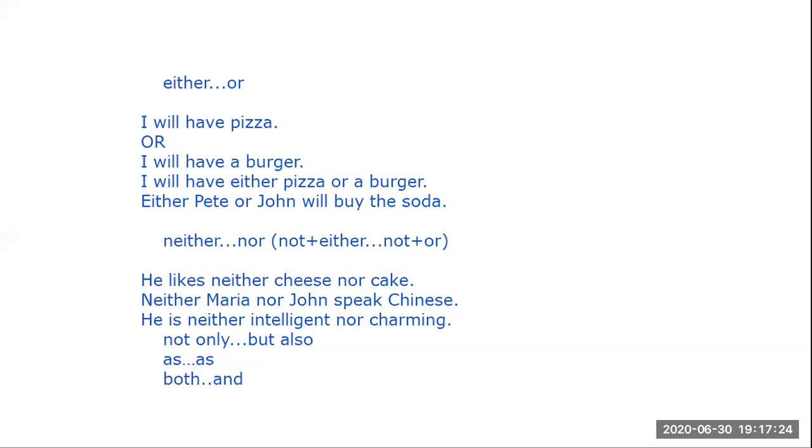Is everyone kind of okay with either or and neither nor? We'll practice more in a while.